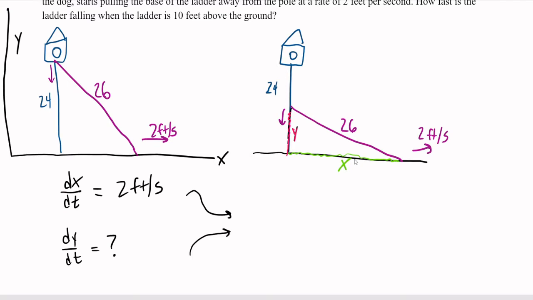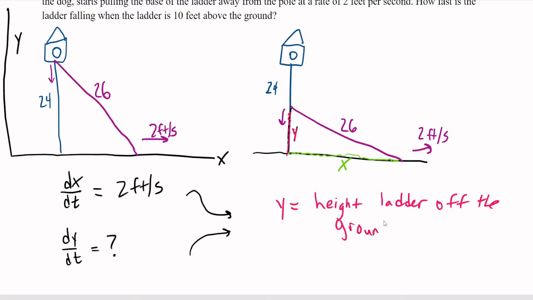But what you have to think about here is this is changing, right? Look at the two pictures. The y distance, and what am I calling y now? Y is going to be the height of the ladder off the ground. So write that down for yourself. This is important. Write down exactly what you're going to be talking about. Y equals the height of the ladder off the ground.